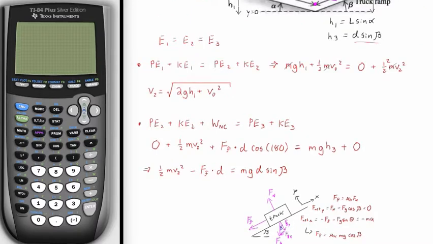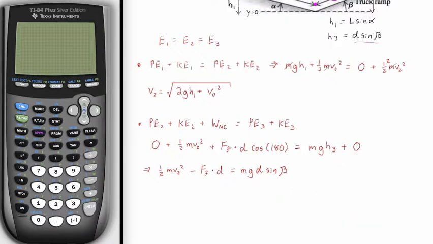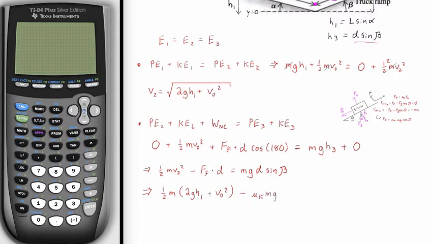We'll move this out of the way a bit. Then we're going to show that we have 1/2. I'm going to substitute in v2 since we're getting close to the final step: 2gh1 plus v naught squared, and then minus the friction force, which is mu k mg cosine of beta multiplied by the distance d we're trying to solve for, and then mg d sine beta.